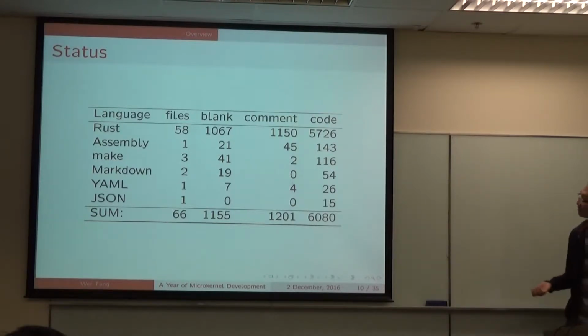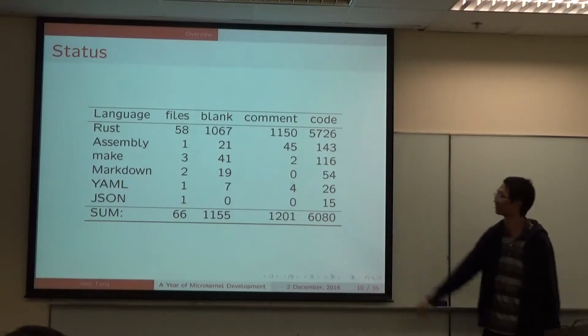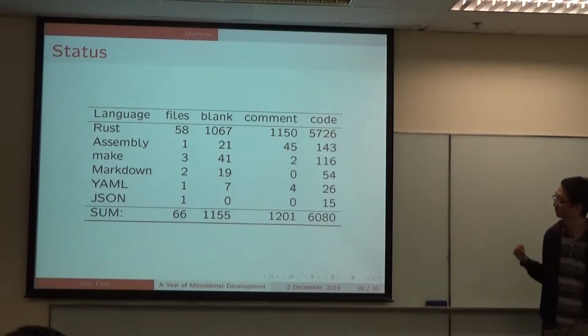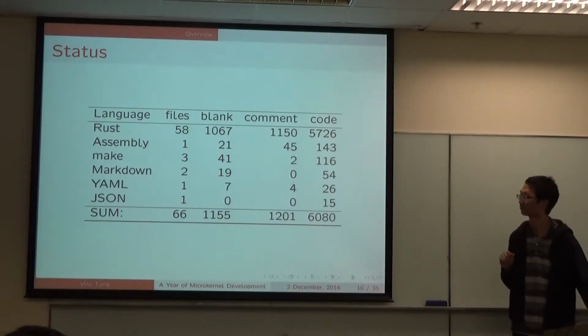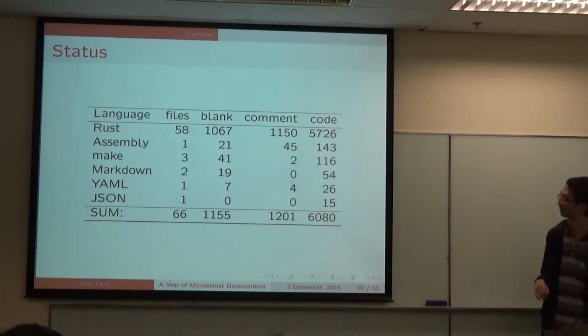But that's basically it. It is not entirely finished, so we still have a larger amount of code than seL4, but after it's finished, I will try to reduce the amount.